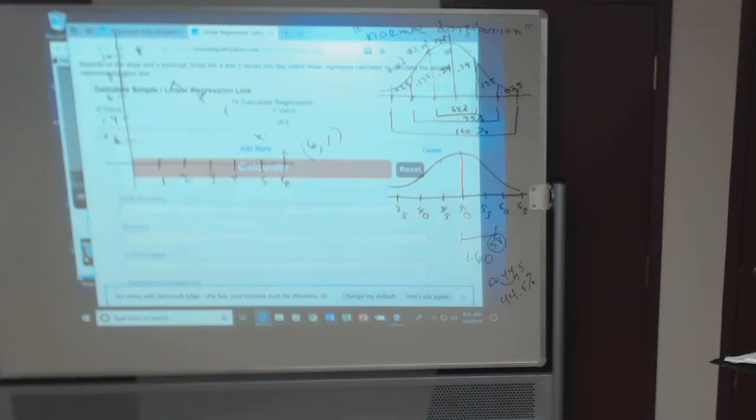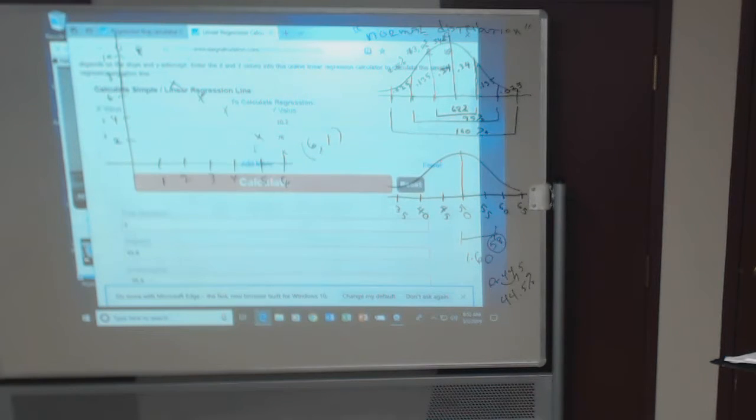X was 2, and y was 7.6. I'd add more. X is 3, and y is 5.8.